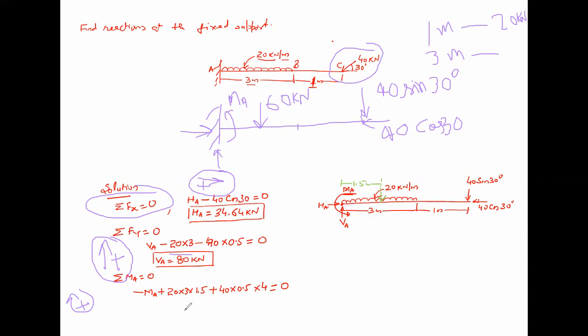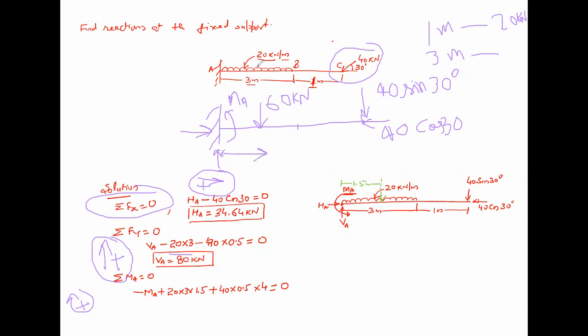Okay, that's good. Then this 20 into 3 UDL. Here you can see this 20 UDL you can replace by a point load, and the magnitude of the point load will be 60 kilonewton. And this horizontal distance will be how much?